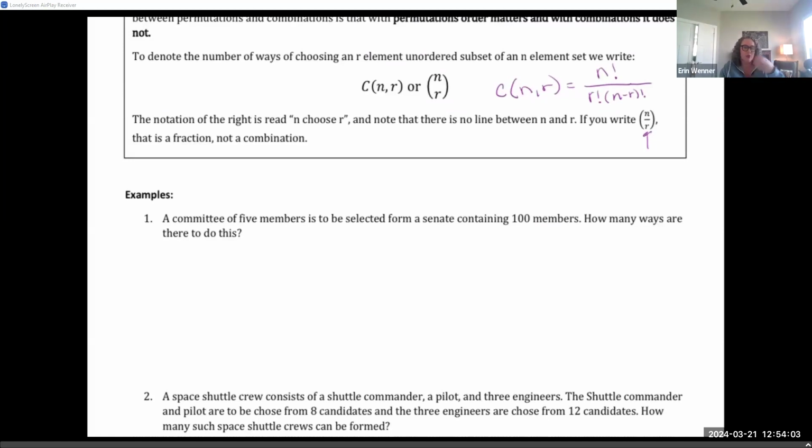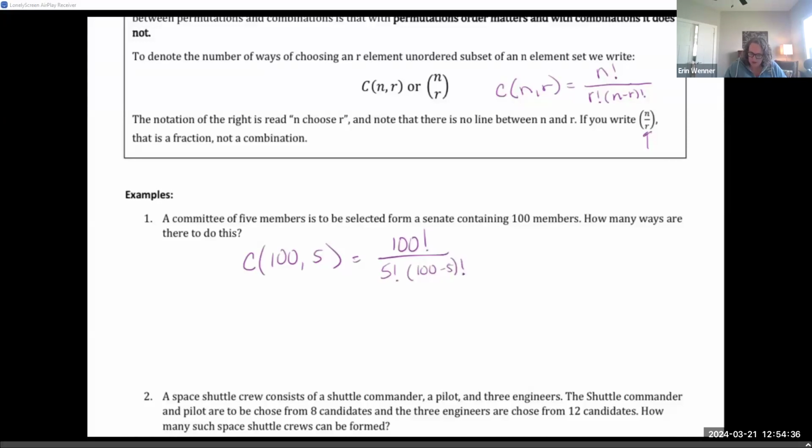So a group of 5 people is still the same experience no matter the order they're chosen in. And so we want the combination of 100 people taken 5 at a time. Using the formula, that's 100 factorial over 5 factorial times 100 minus 5 factorial.